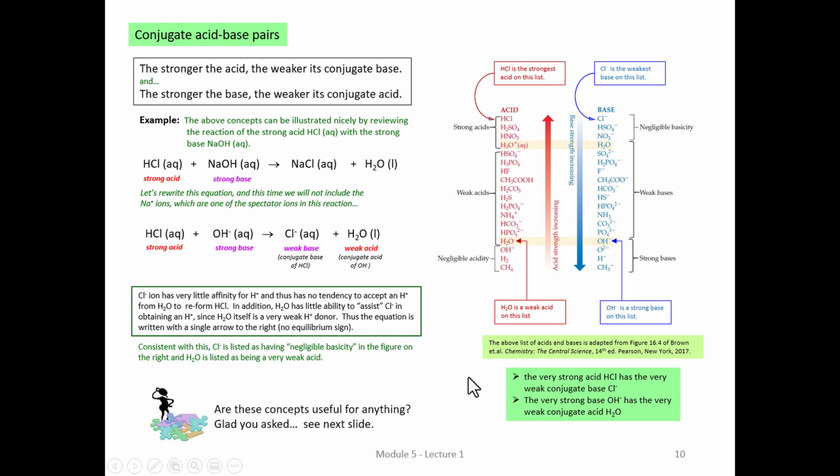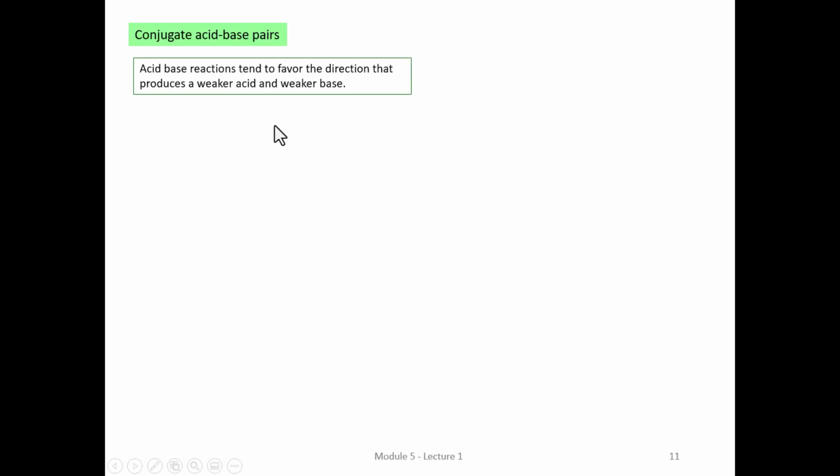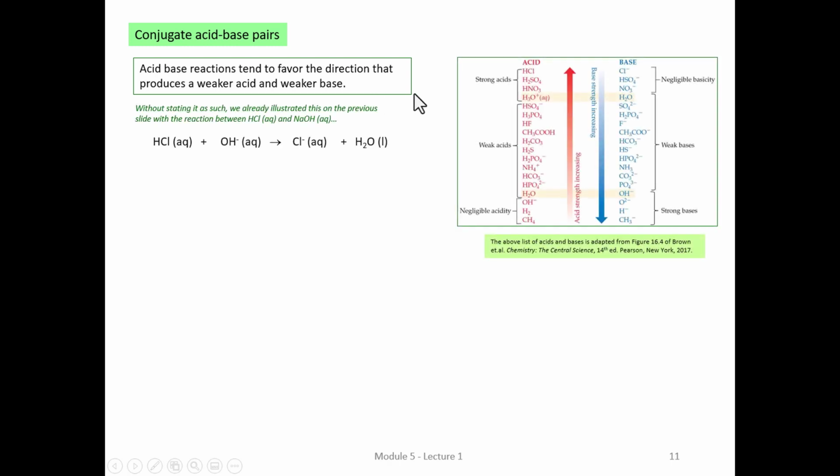So now you might ask, as you've probably asked before, is this useful for anything? Well, glad you asked. Let's look on the next slide. It turns out that acid-base reactions tend to favor the direction that produces a weaker acid and a weaker base.